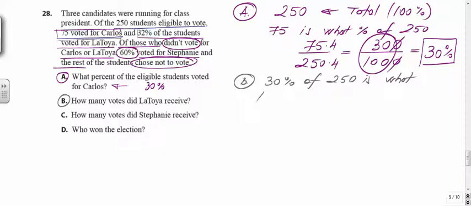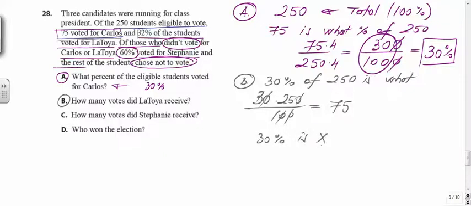Or you can first just go ahead and use the rule we have learned in class to find the percent by just saying that 30% of 250 will be 30 times 250 divided by 100, right? You can simplify here by 10. You can find that this is actually what? 75, right?